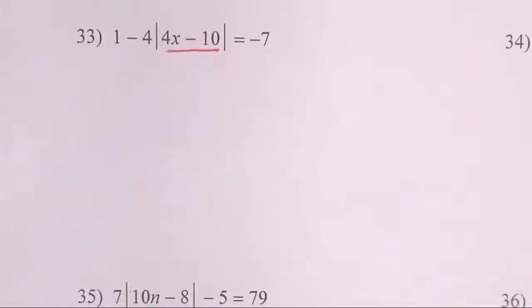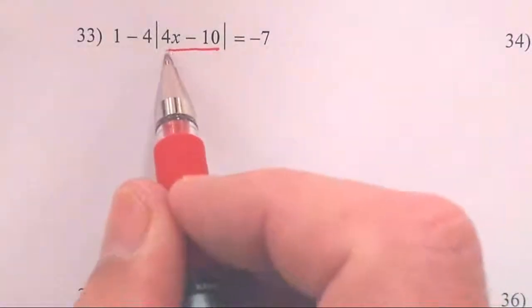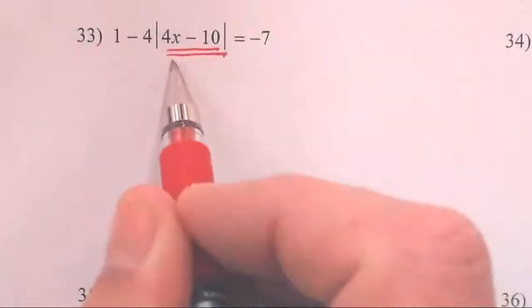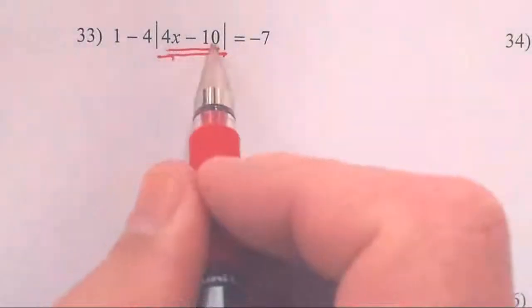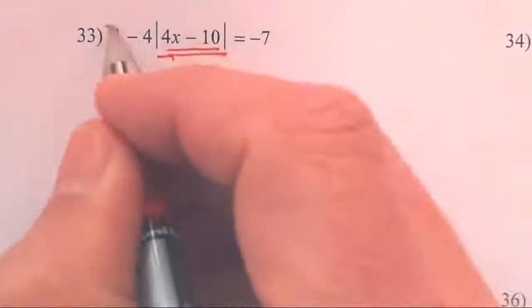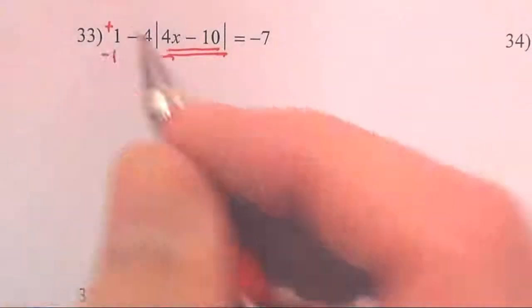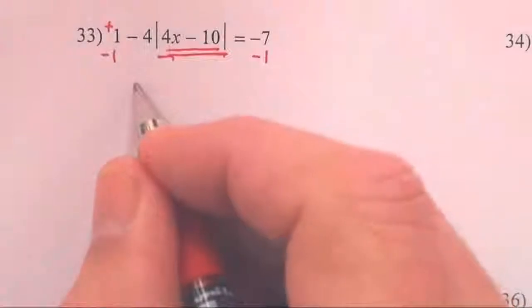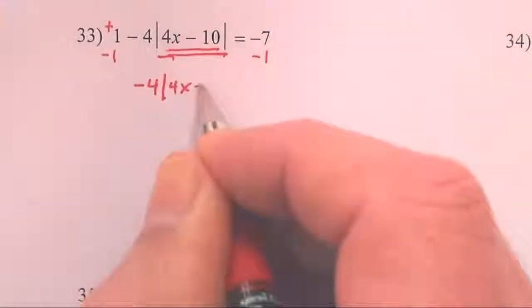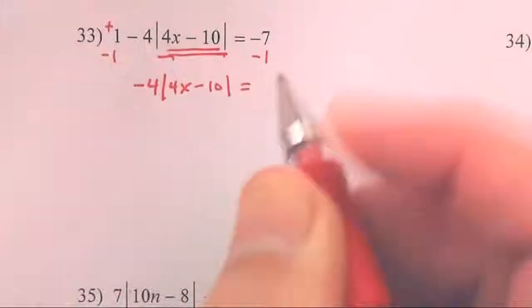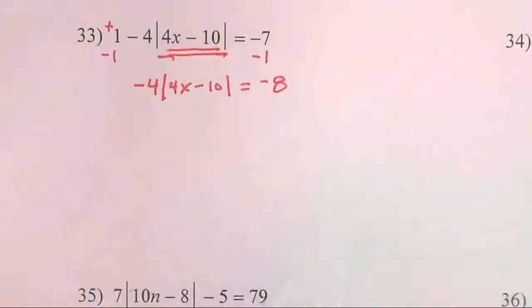Okay, 33. As I was saying just a moment ago, I need to isolate this absolute value of 4x minus 10. So 4x minus 10 is most removed from this plus 1 out here. So I'm going to start by subtracting 1. I get negative 4 times absolute value 4x minus 10 equals negative 8.